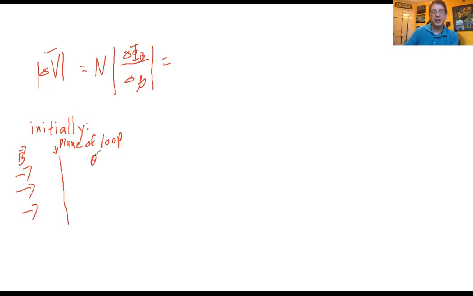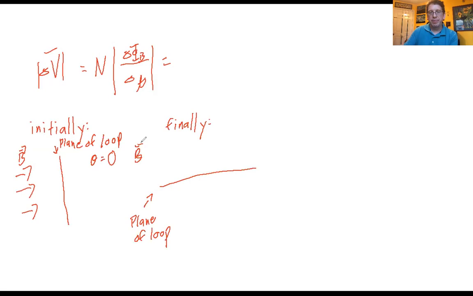So theta is equal to 0. And then finally, that's the plane of the loop, and B is now going straight across it. So theta is equal to 90 degrees.